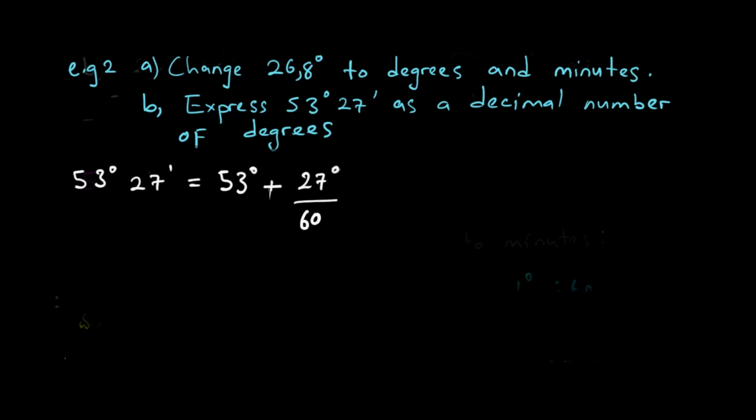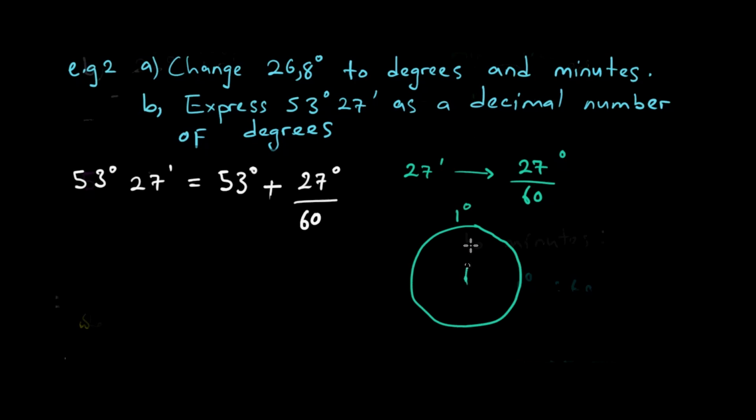Let me explain. Because chaitika basically ndechekuti 27 minutes tadzinyora as 27 over 60 degrees. Zviri kuitika ndezvekuti tikatora 1 degree, handiti inenge iri equal to chi tumaparts turi 60.